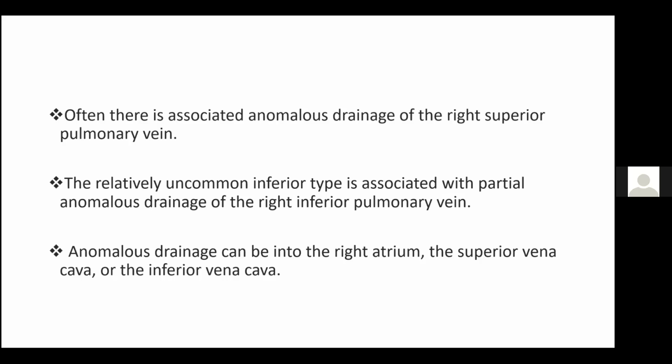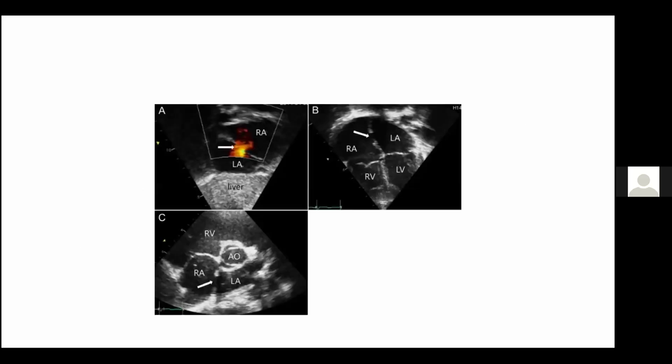And it will also be associated with some other congenital anomalies like the partial anomalous drainage of the right inferior pulmonary vein. This is just an echo picture that shows the sinus venosus ASD. You can see from this one, this is a subcostal view that is inverted, in which the atria are now open.